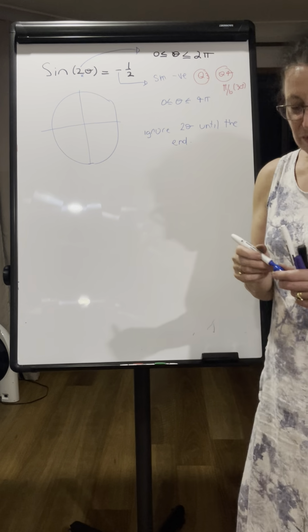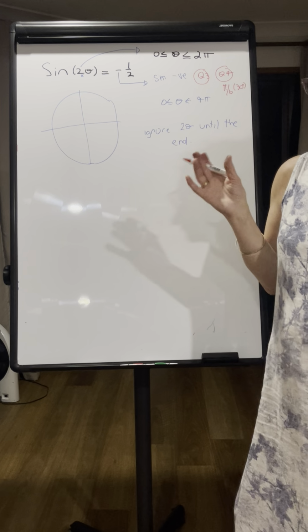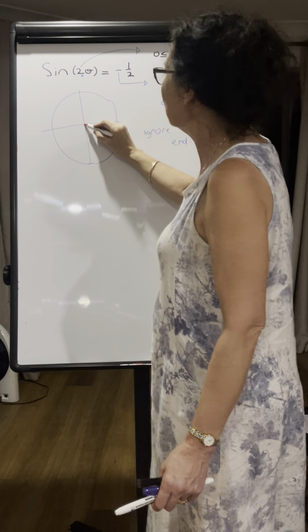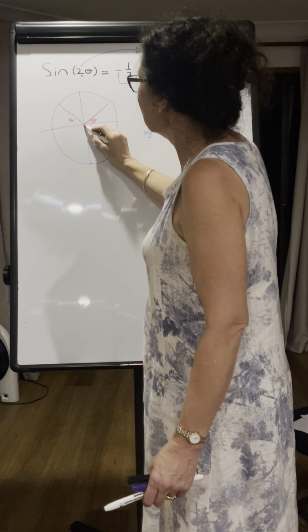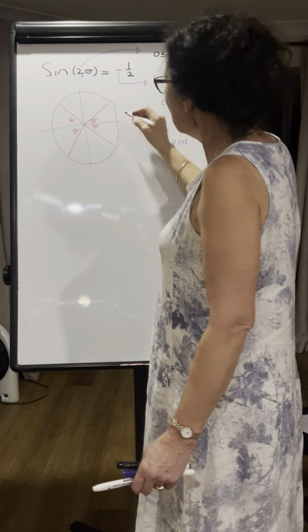Now, like you find when I do calculus, I don't use all these little shortcuts. I leave it there and just remember it. So let's have a look here. Theta, theta, theta, theta. And we're going twice around.